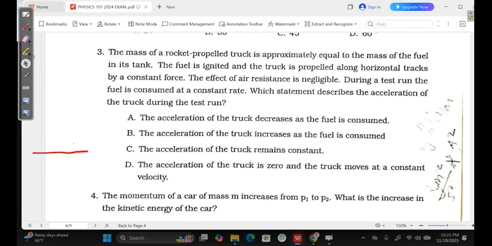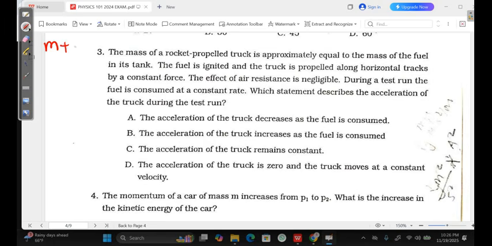Question 3. The mass of a rocket propelled truck is approximately equal to the mass of the fuel in its tank. So the mass of the rocket, I'll call it M, is the same as the mass of the fuel in the tank.